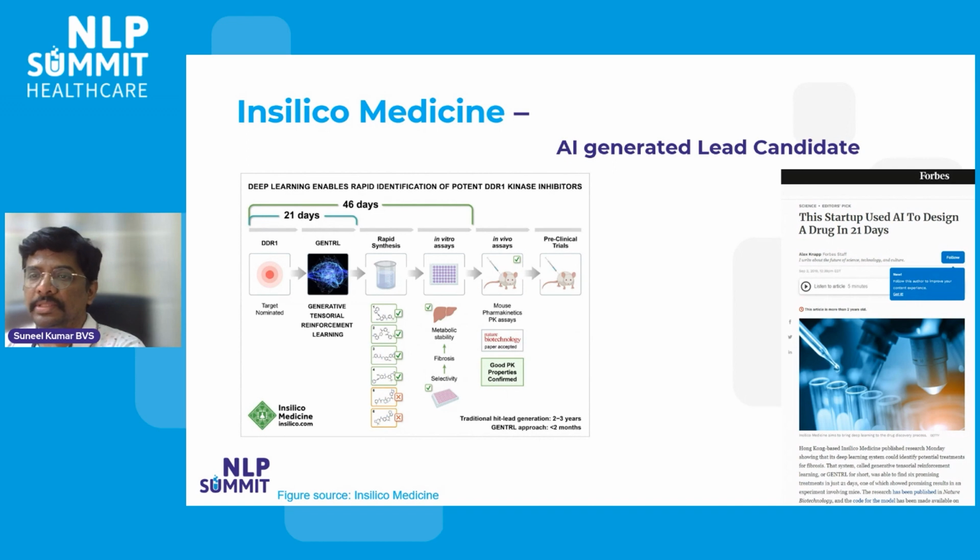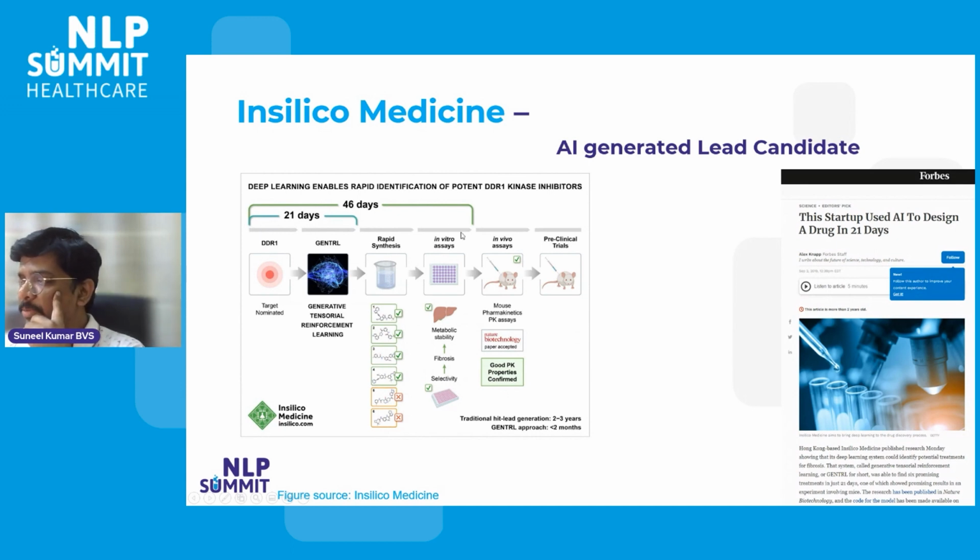This approach allowed them to design novel molecules for DDR1 kinases in a relatively short amount of time. Designing the molecules took around 21 days, and synthesis and in vitro screening took around 46 days.